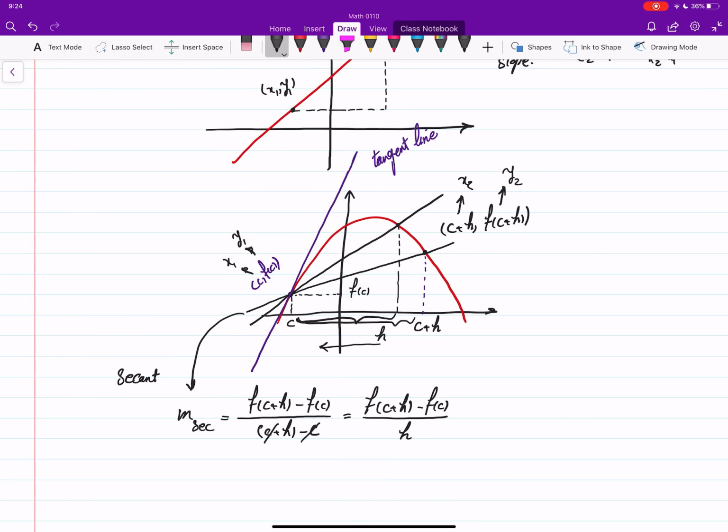Then the slope with this new h will be this one. Well, let's do a little bit more. We go even closer, this one. And then you will get this line here. And this time our h is even smaller.